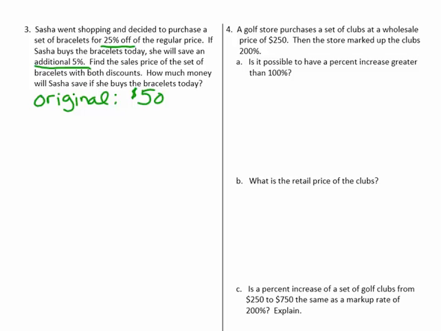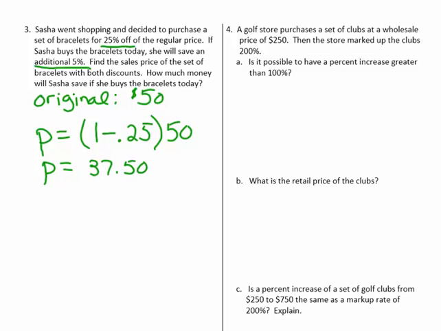So I'm going to now do my 25%. The part that I'm looking for, it's a discount, so it's 1 minus 0.25 times my $50. So that's going to give me $37.50. So after the first discount, now they're $37.50. Now I have to do my additional.